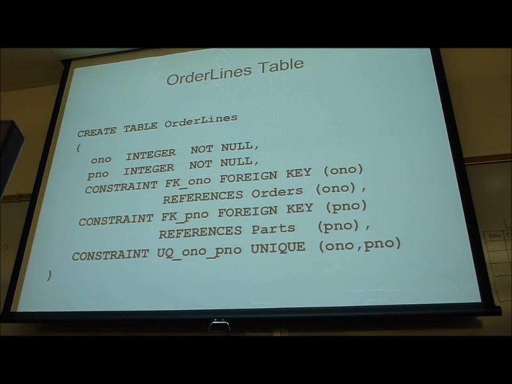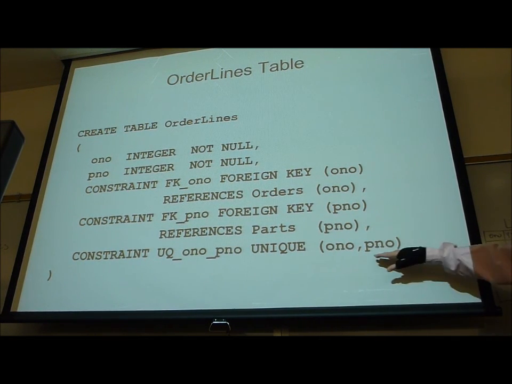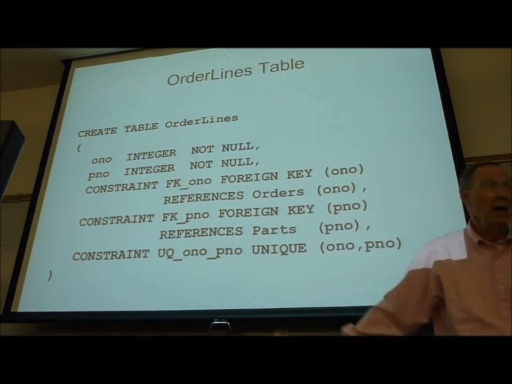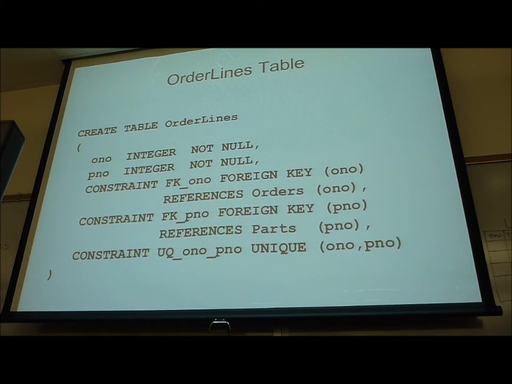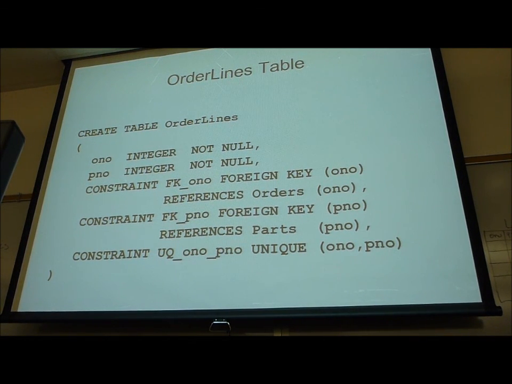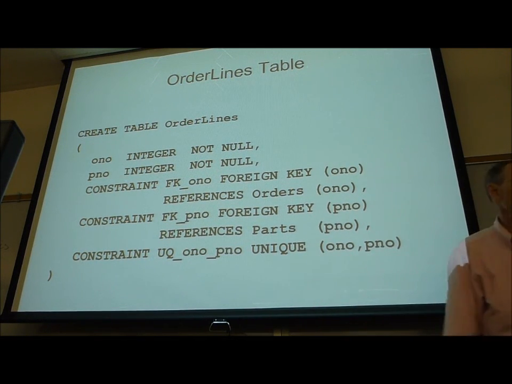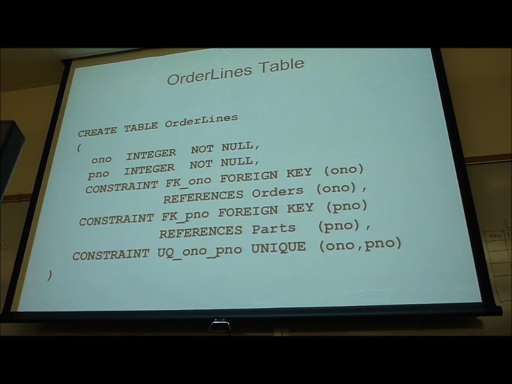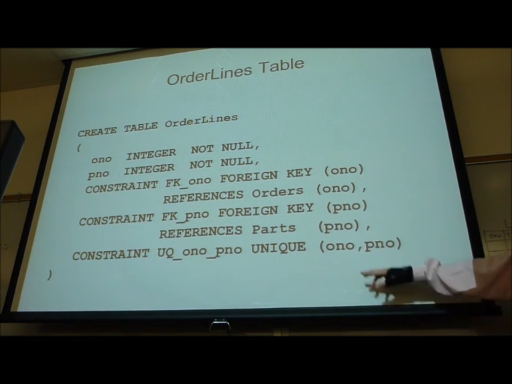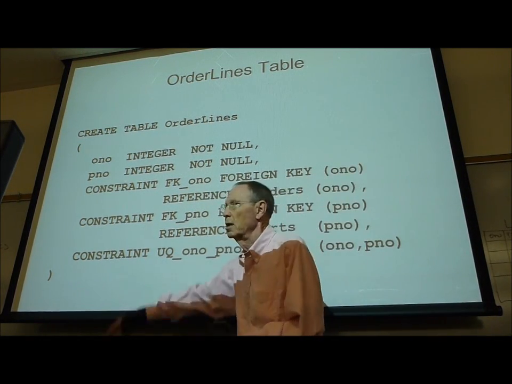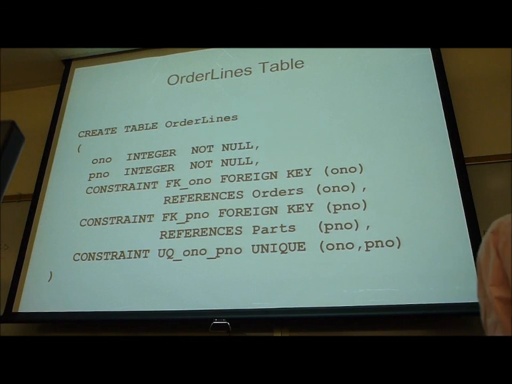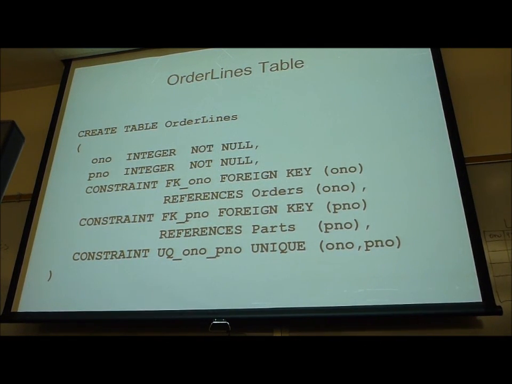Somebody says, why don't I make that a primary key? Yes, you can do that, but it's probably not wise and not necessary. This is the minimum requirement that we need. And we've got the not nulls on here, so we're covered, so we don't get any silly records in there. We want to do the minimum.